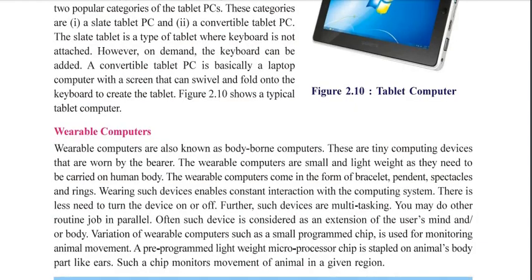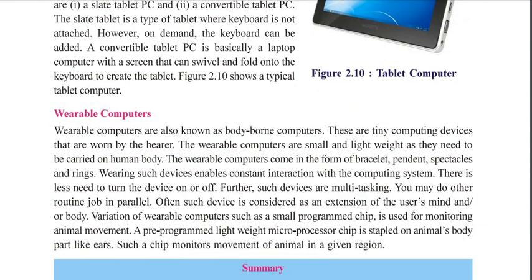Now, the wearable computer. What is a wearable computer? Wearable computers are also known as body-worn computers. These are tiny computing devices that are worn by the bearer. Wearable computers are small and lightweight as they need to be carried on the human body.